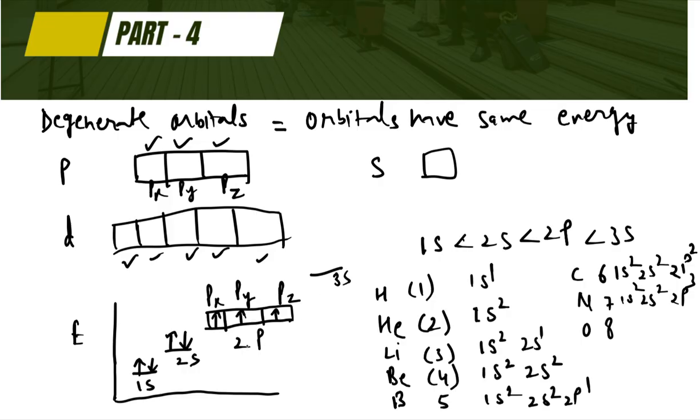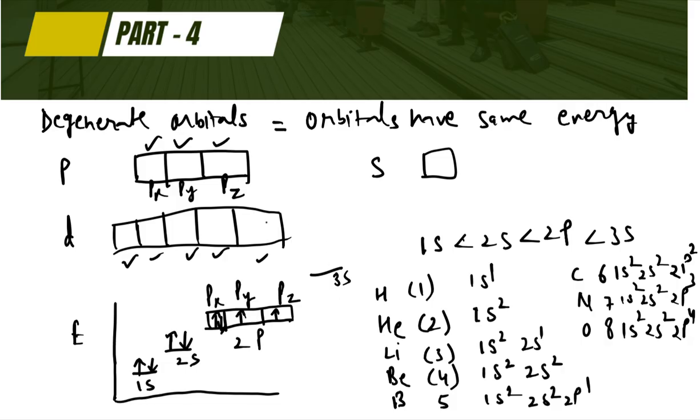But again, there is an energy difference between 2p and 3s. That is why before we move to 3s, if there is any other electron, it is going to fill here in the p orbital. So now we will have the configuration of 1s2, 2s2 and 2p4.